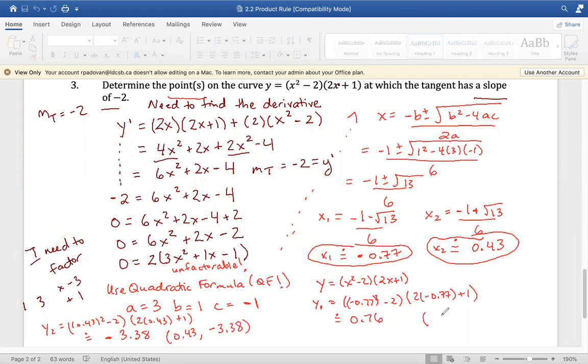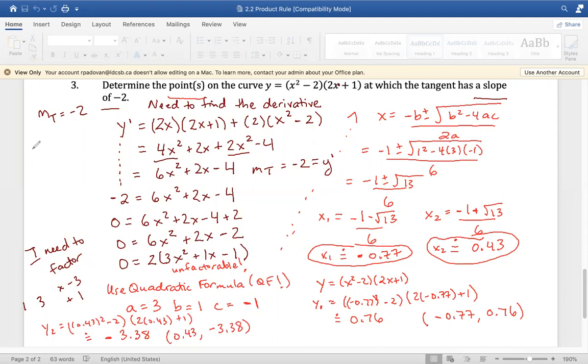Here the x value is negative 0.77. And the y value of my coordinate point is 0.76. And I should be putting a therefore statement somewhere. Like obviously in a test, there's still a little bit of room underneath here.